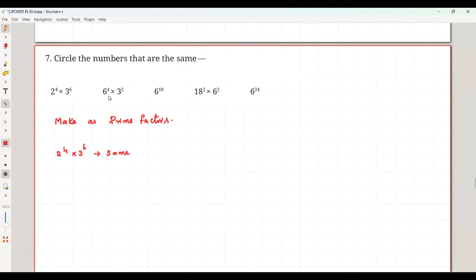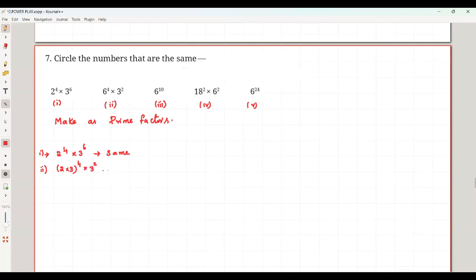This is first one, this is second, third, this is fourth one, and this is fifth one. First one is same. Second one, I can write 6 as 2 into 3. So 2 into 3, 2 3s are 6, the whole power 4, into 3 power 2.